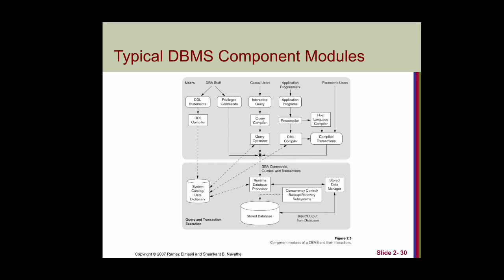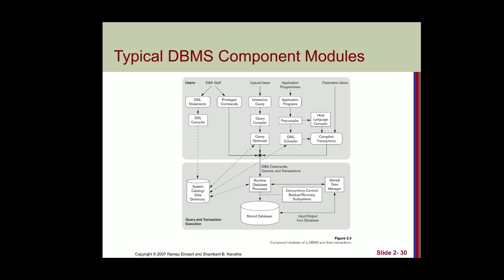Whatever commands are given by the DBA staff will be processed over here. Then casual end users write something, and that will be processed by this. Again, parametric end users and application programmers, whatever query they pass on, will reach this runtime database processor and be processed, and then the data will be stored in the database.